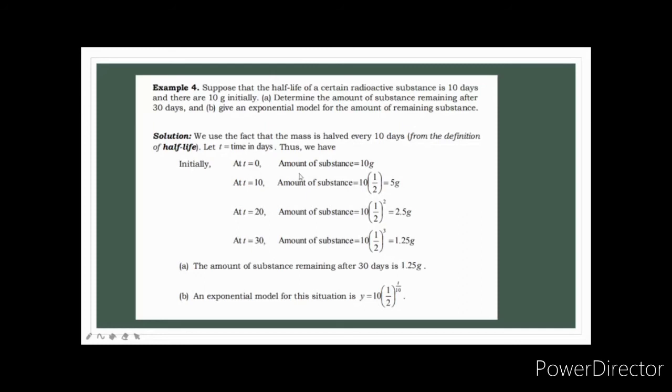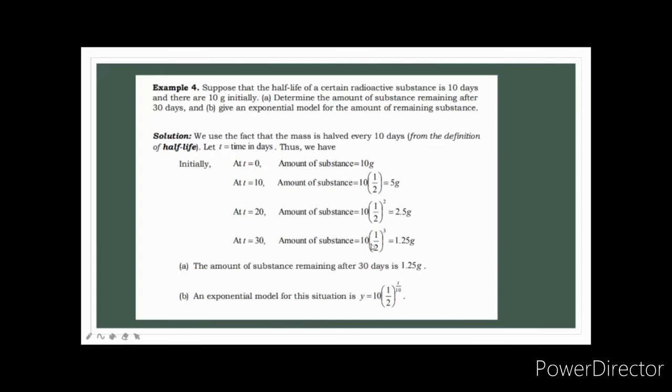At t equal to 10, the amount of substance is equal to 10 times 1/2, that is equivalent to 5 grams. At t equal to 20, the amount of substance is equal to 10 times 1/2 raised to 2, so that is equal to 2.5 grams. At t equal to 30, the amount of substance is equal to 10 times 1/2 raised to 3.